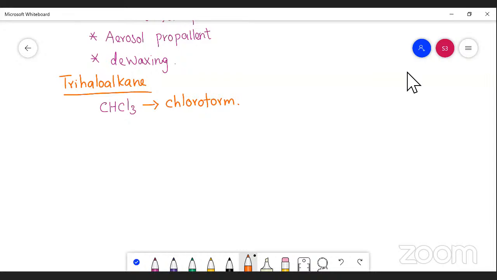The name chloroform was given by Dumas. Why is it named so? It contains chloro, which means chlorine.